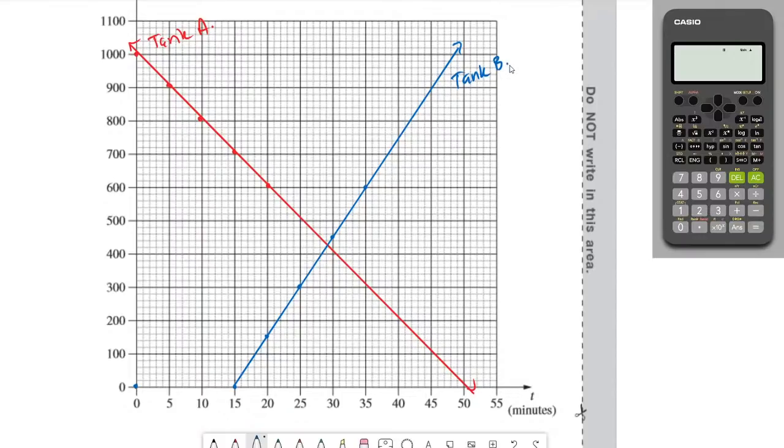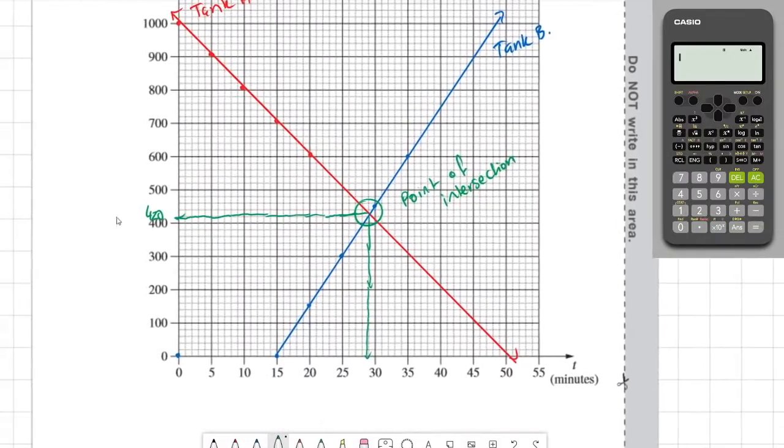So you're essentially looking for where they intersect, the point of intersection. This is going to tell us at what time they're going to meet each other, and at how many liters it is.